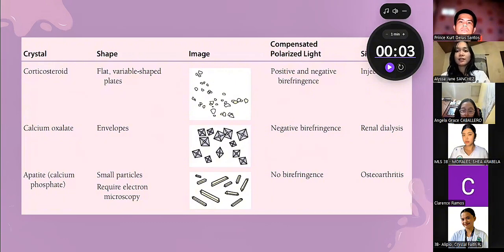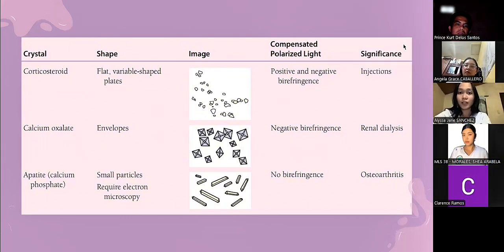Calcium oxalate, the shape looks like envelopes. Negative birefringence, it is for renal dialysis. While the apatite calcium phosphate has no birefringence and is for osteoarthritis.